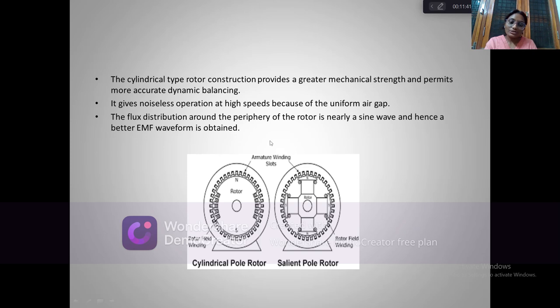Here in this picture you can compare the construction of a cylindrical pole rotor and the salient pole rotor. Here you can see some similarities between them, like the armature winding slots are similar, and the rotor field winding. These two are the rotor field windings of both the cylindrical and salient poles.